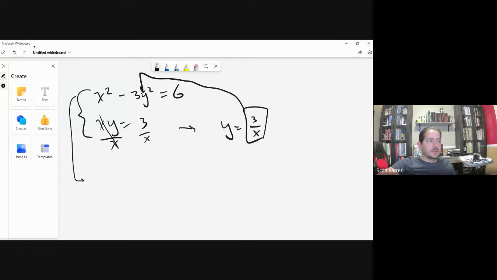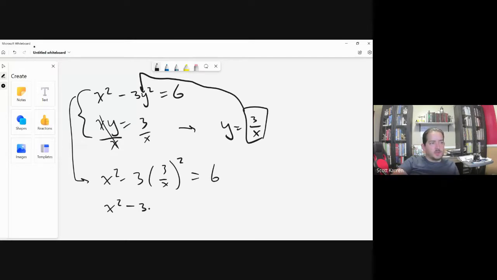I'll do that down here. That leaves me with x squared minus 3 times y, which is 3 over x. That's squared, and that all equals 6. Now I have just an equation with x's, right? So I'll clean it up. This gives me x squared minus 3 times, if I square that, that's 9 over x squared equals 6, right?